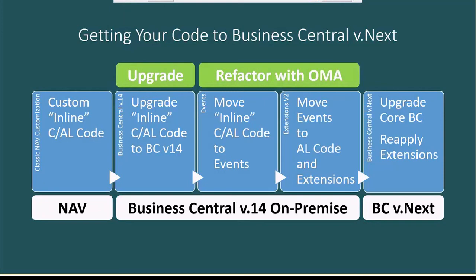And once you've moved 100% to AL code and extensions, then you can peel off the back end Business Central version 14 and apply whatever version of Business Central at that point you would like to. And at that point, your application will be living 100% inside AL code as an extension. So this is pretty much my information on the product.